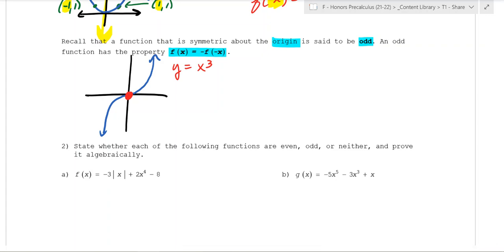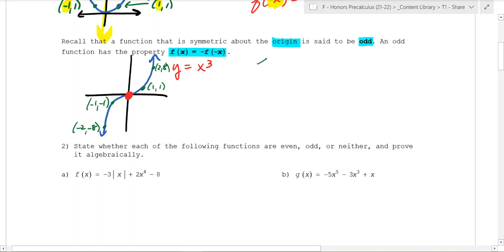So when you look at points on y equals x cubed, here are some examples: (1, 1), (2, 8), (-1, -1), and (-2, -8). So when you plug in the negative x value, it flips the function.